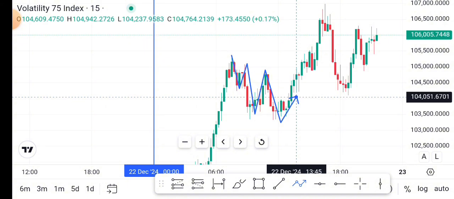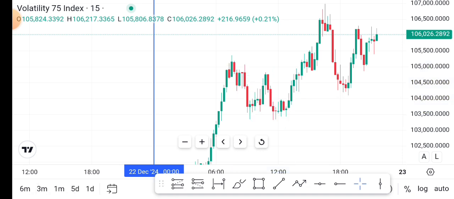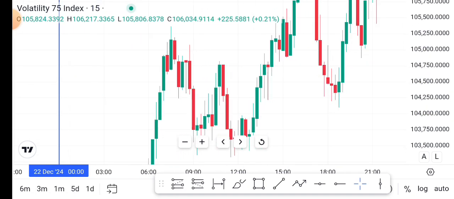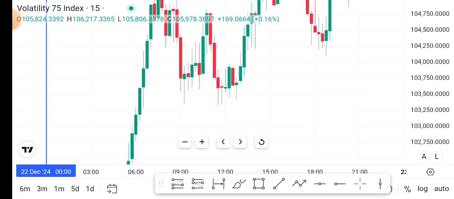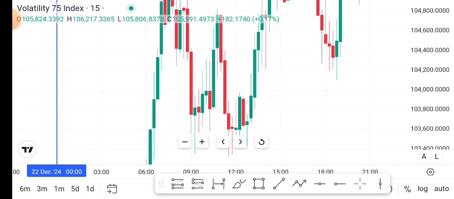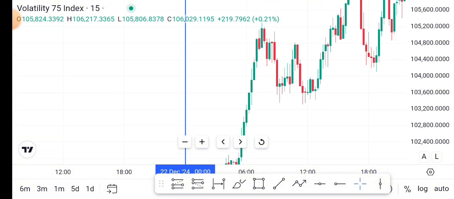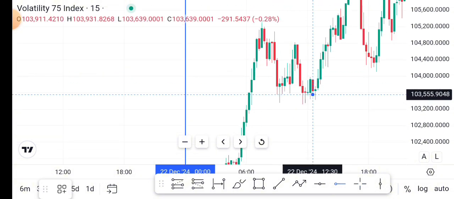So could we miss this setup, or could we take it? There are two things. You can miss the setup rather than making a loss. If we get our setup like this, we have to highlight our killer zone. We can see where our order block is.